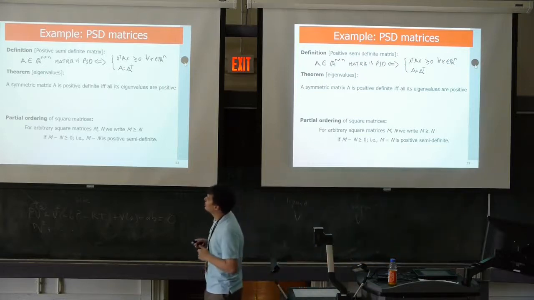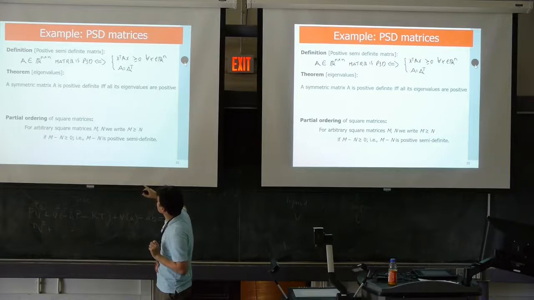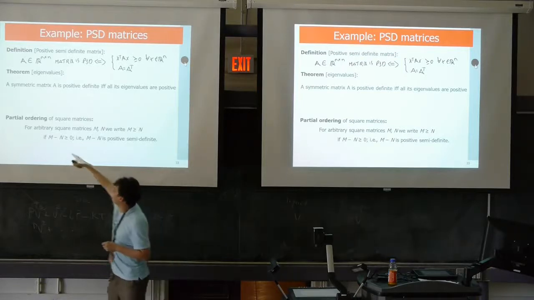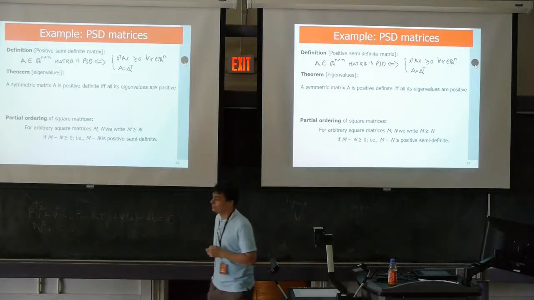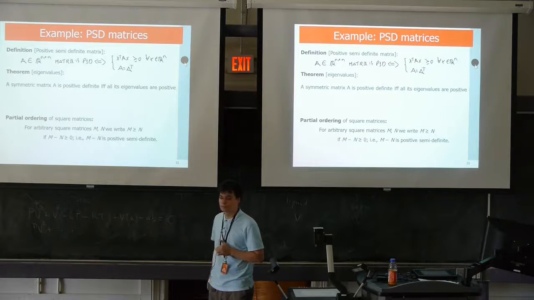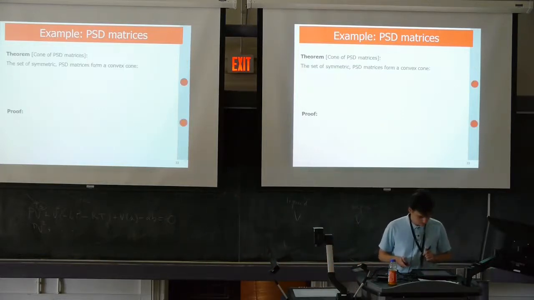Using this definition, we can define a partial ordering of square matrices. So we can say that M is not smaller than N if M minus N is positive semi-definite. And here is a theorem.